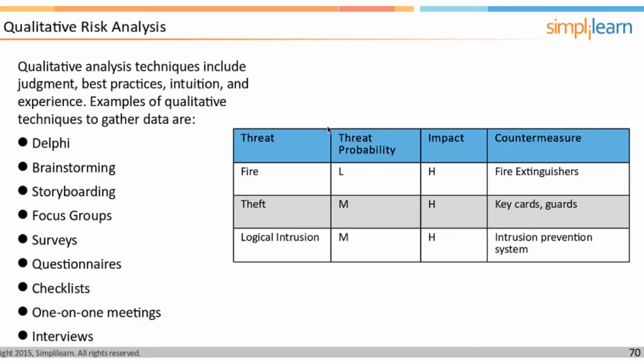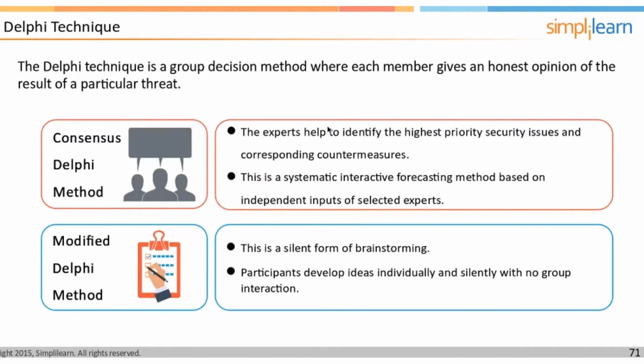We'll talk about that. You can have focus groups, surveys, questionnaires, interviews. The Delphi technique is very popular and used in a lot of scenarios. One of the best things about it is that the participants are all anonymous.